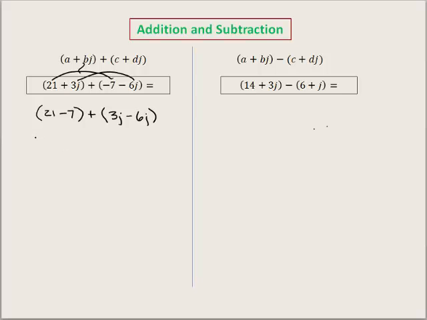And that makes it a lot simpler. Okay, 21 minus 7, of course, is 14. And 3j minus 6j is minus 3j. So that is our answer to adding these two complex numbers.